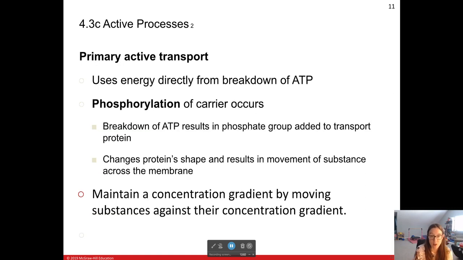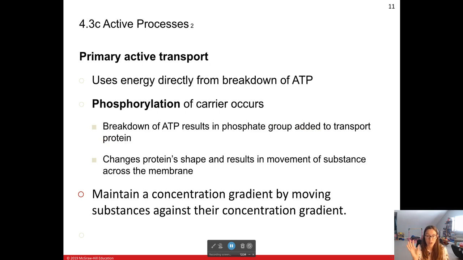Primary active transport uses energy directly from the breakdown of ATP, and the phosphorylation of the carrier occurs. The breakdown of ATP results in a phosphate group added to the transport protein. The phosphate that was on ATP breaks off and binds to that transport protein, which changes the protein shape and results in movement of the substance across the membrane.